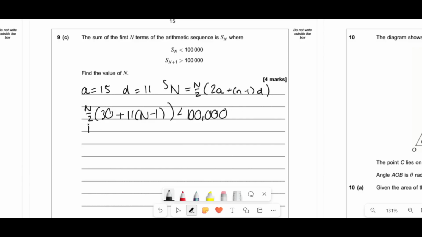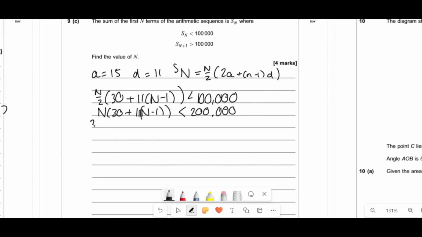So that means that n, 30 plus 11, n minus 1, is less than 200,000. So then if I expand the bracket, 30n plus 11n, n minus 1 is less than 200,000. If I then expand again, 30n plus 11n squared minus 11n is less than 200,000.